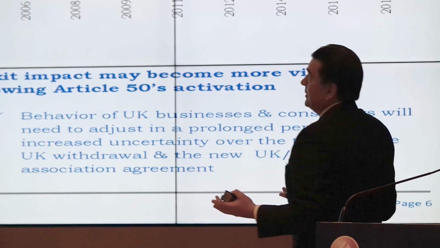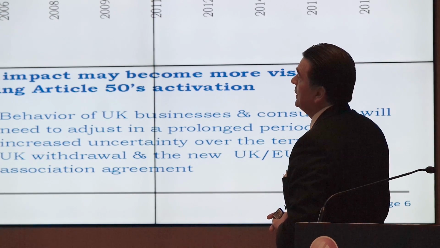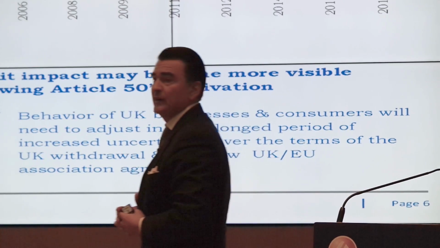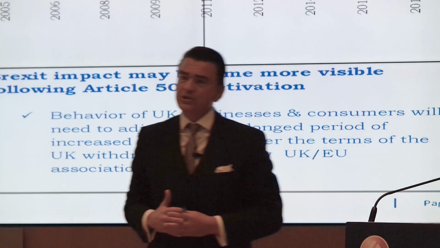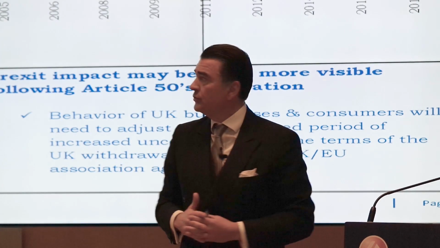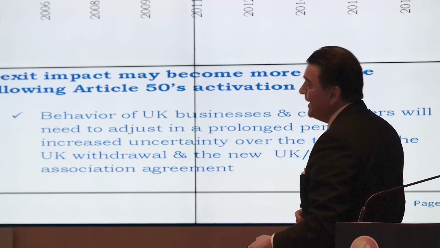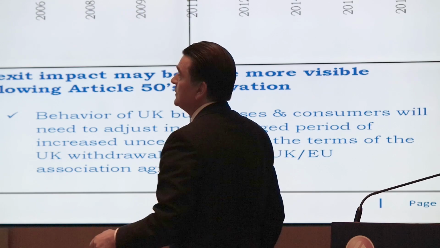However, the Brexit impact may become more evident following the activation of Article 50, as uncertainty about the final outcome of negotiations increases in the period ahead. And we do see some early worrying signals.